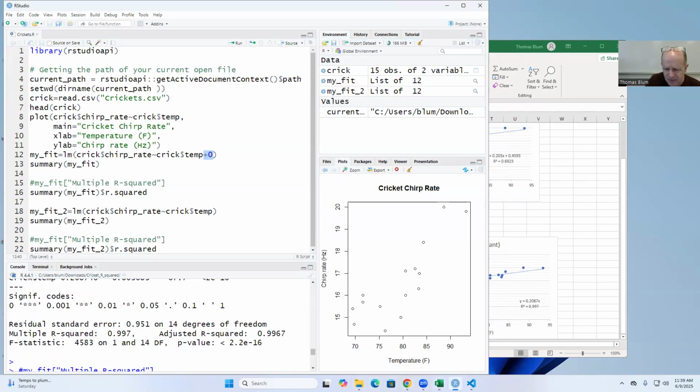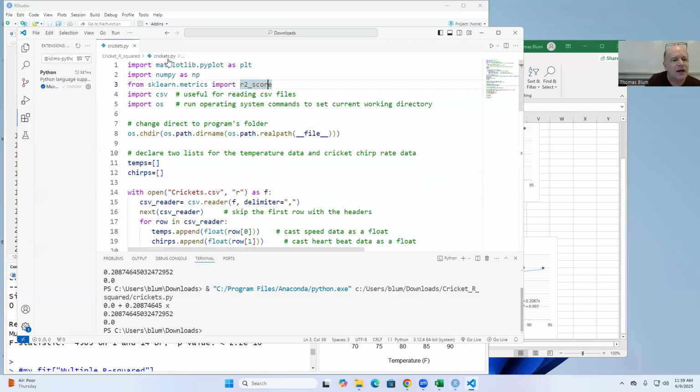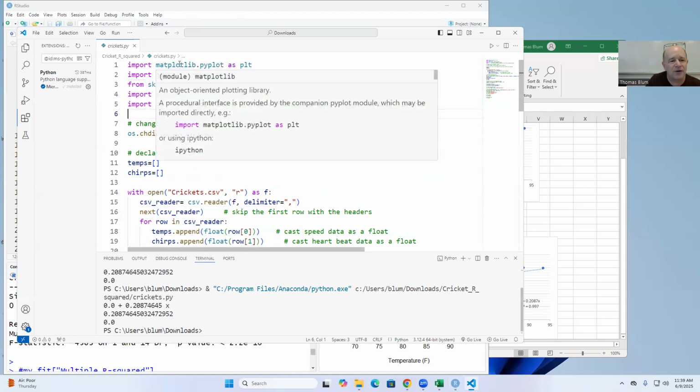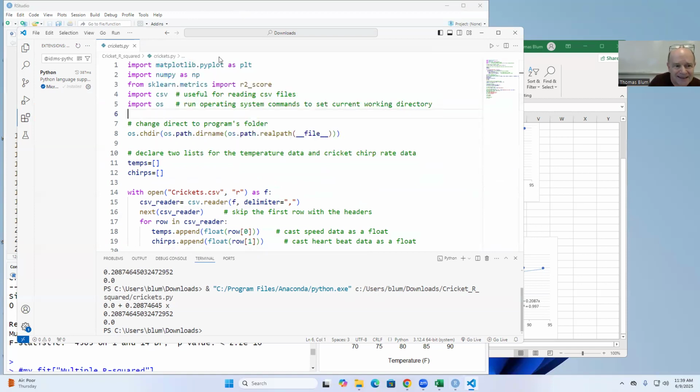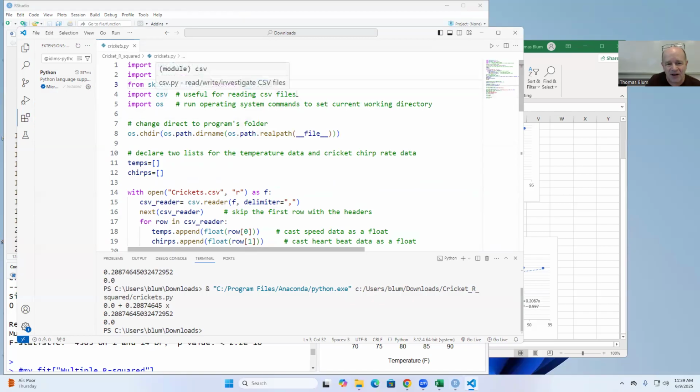And I went over to Python, but it's not the same in that here I used matplotlib and numpy, and also brought in r2_score to calculate the R-squared.